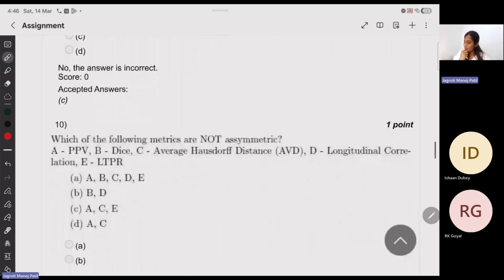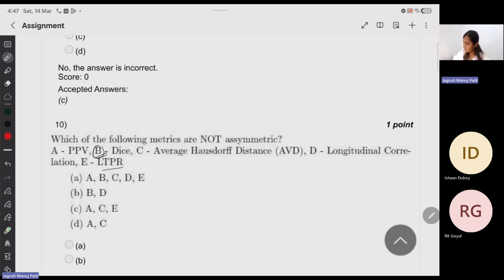Which of the following metrics are not asymmetric? That was something in CT and brain also. So this is more of a direct question. Either it's PPV, DICE, or average Hausdorff distance, longitudinal correlation, LTPR. Honestly, I don't even know the full forms for it. But DICE was one of the ones that we saw.